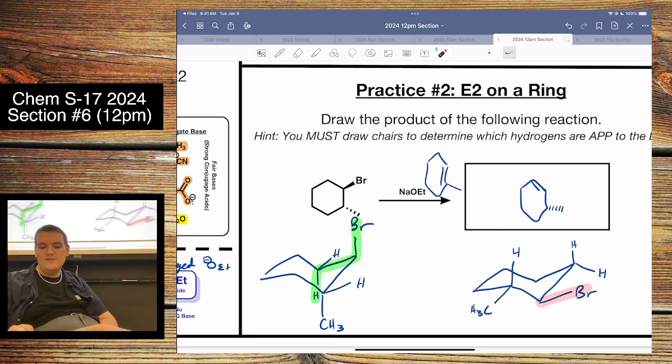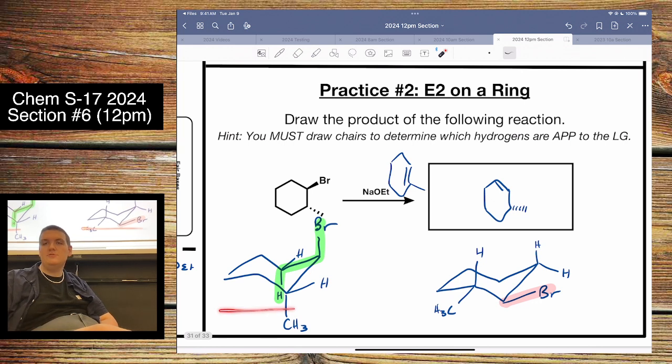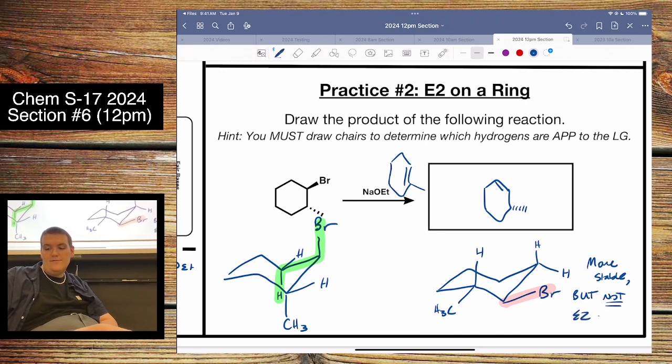For this, which of these two chair conformations, the left one or the right, which one's more stable? The right one. More stable. And it's because they're equatorial, right? It's more stable, but it is not E2 reactive.